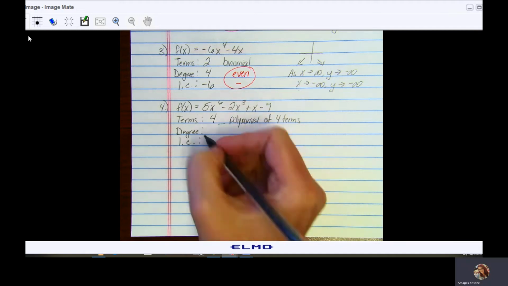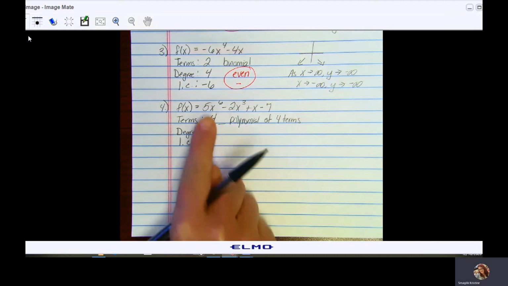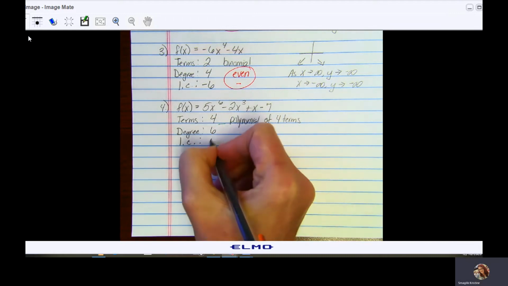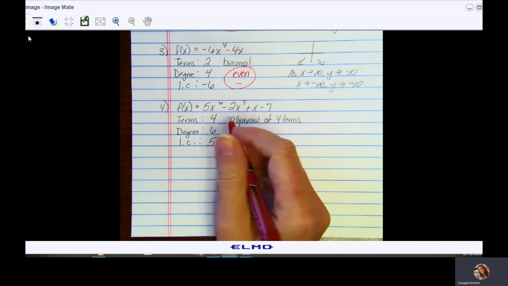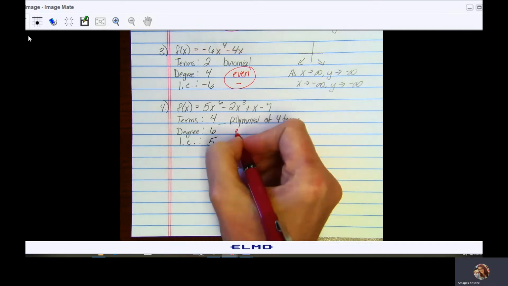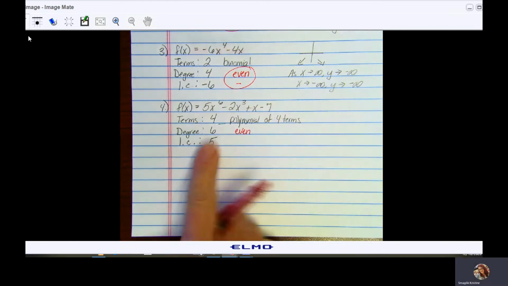So my degree is going to be 6. My leading coefficient is 5. And now let's talk about end behavior. Here we go, 6 is even, and this is positive.